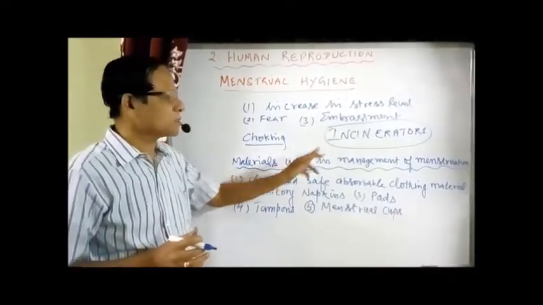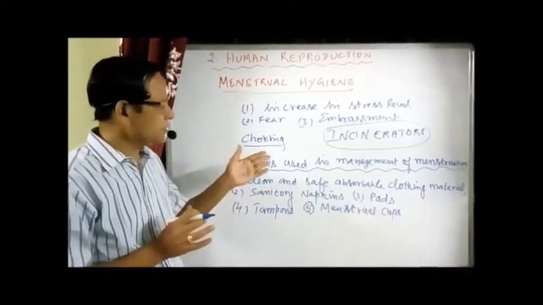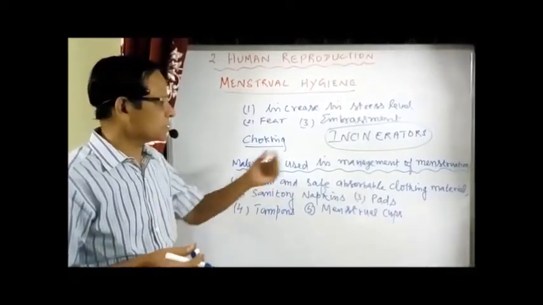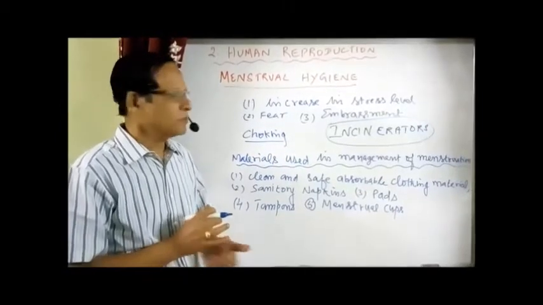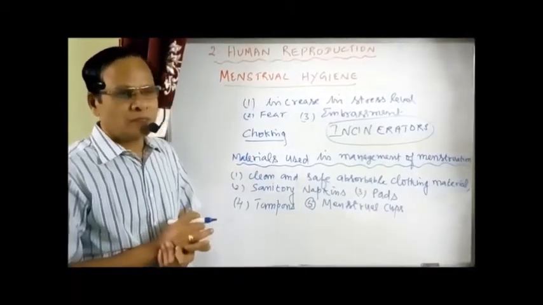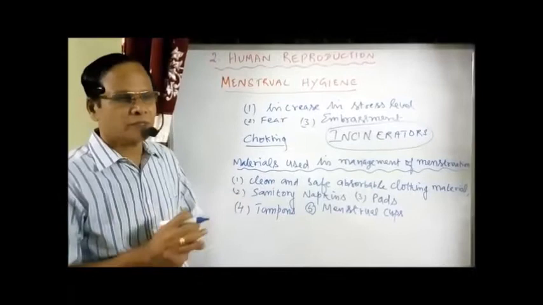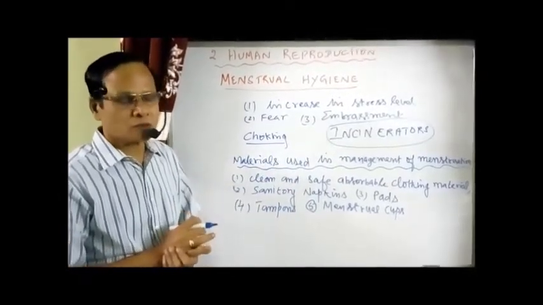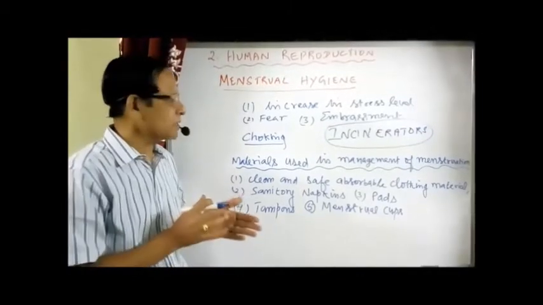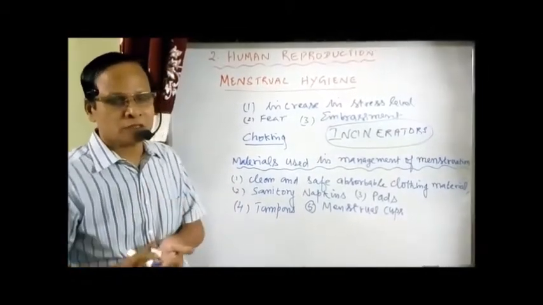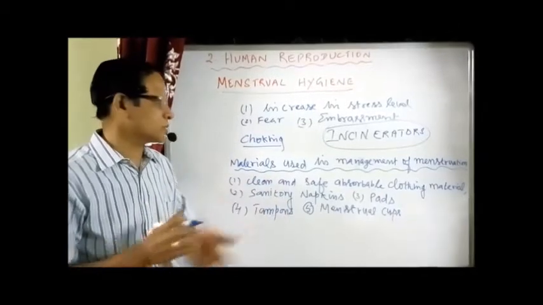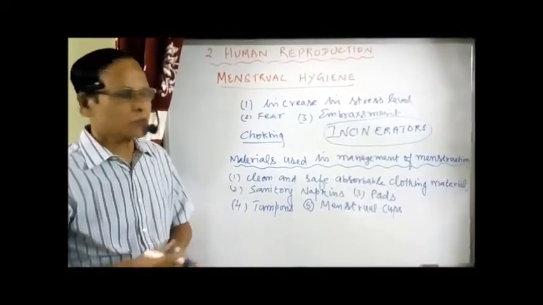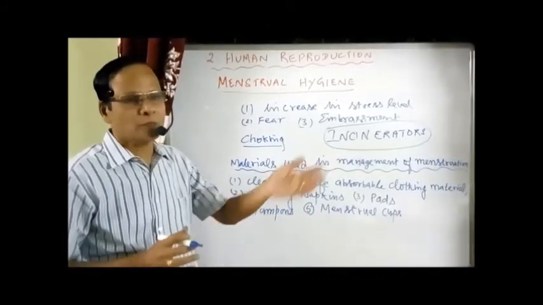So incinerators are used for burning sanitary napkins or any other waste obtained as a result of the menstrual cycle. Nowadays measures have been taken by the government for installing incinerators and also sanitary vending machines in washrooms in schools, colleges and other public places.